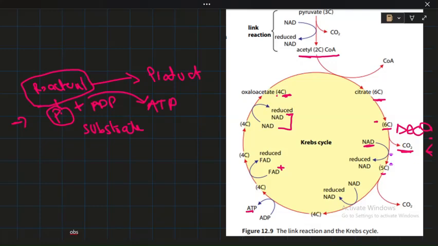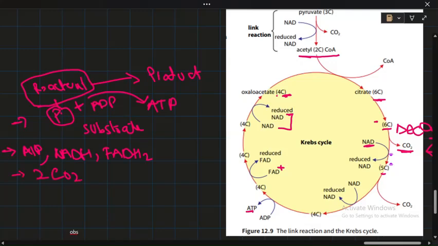So what happened in this cycle, what we needed and what we got, we needed ATP from this cycle, which will provide us with energy, and we get high energy hydrogen carrying carriers, which are NADH and FADH2. Also we got two molecules of carbon dioxide, right? So two molecules of carbon dioxide left the cycle.